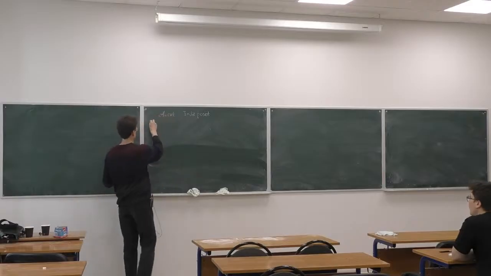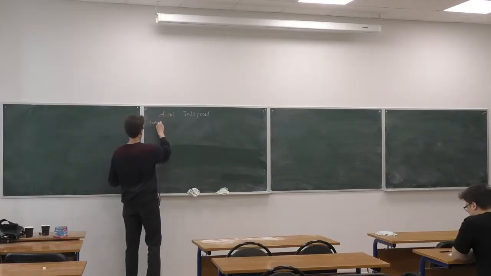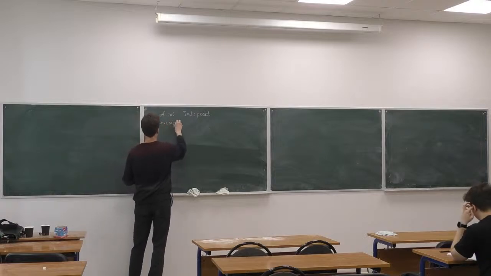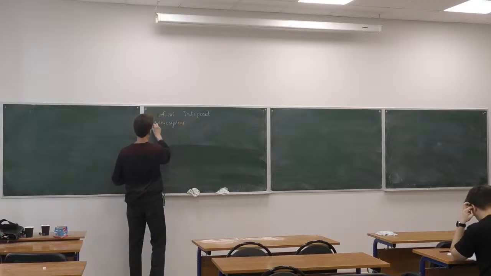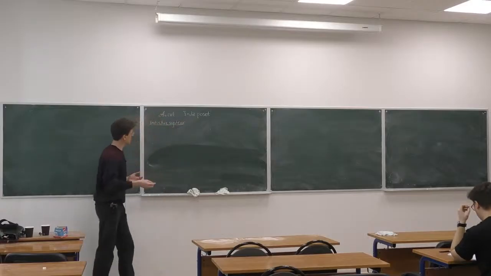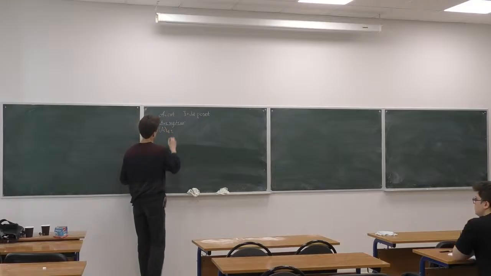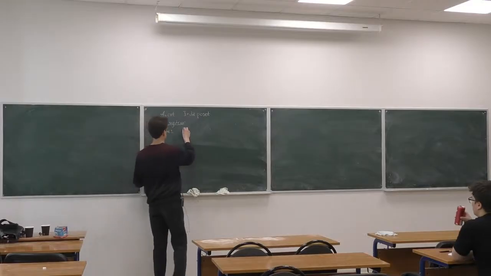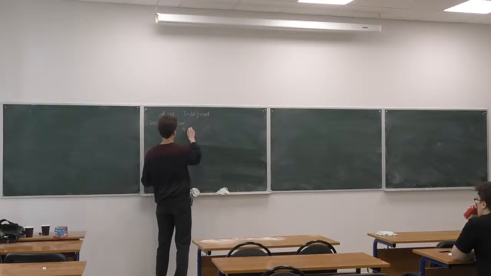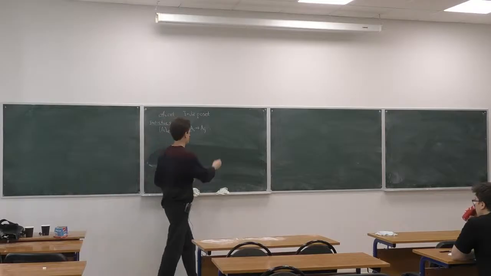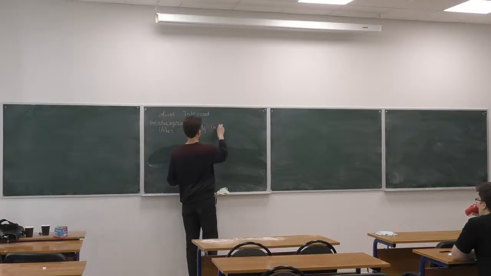And by definition, an inductive system in A, indexed by I, is a family of objects together with morphisms phi ij, which are defined whenever i is less than or equal to j.